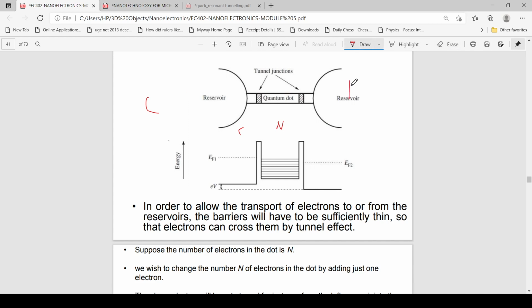This one can act as the drain region, and this one as the source region. By controlling the quantum dot with a suitable gate voltage, we can use this setup as a single electron transistor. By adding an extra gate to the quantum dot, we can control the number of electrons in the quantum dot, and so control the entire operation.